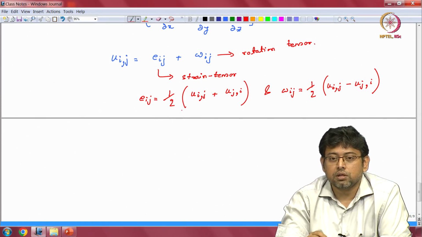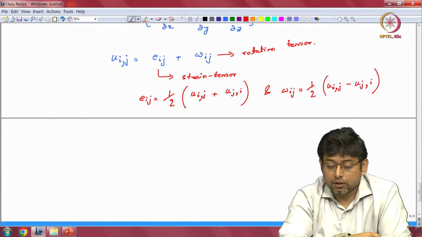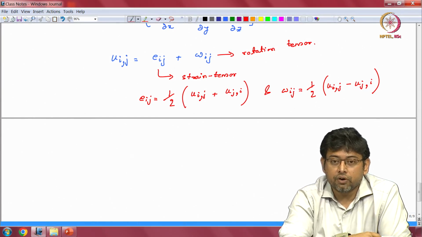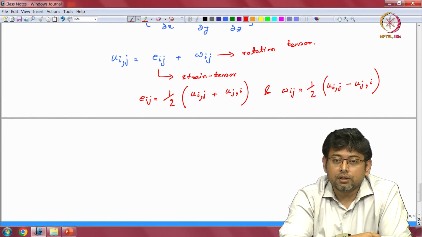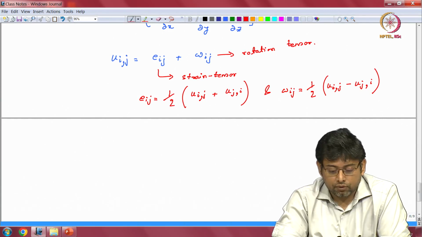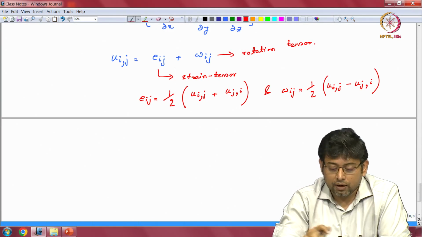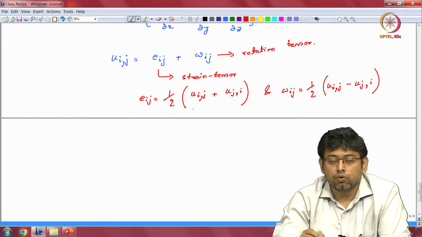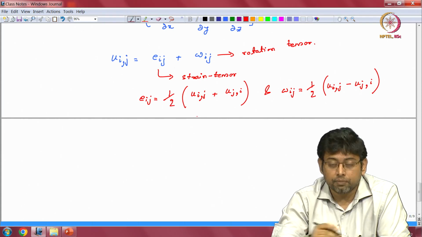You want the strains to be known at a given location, whereas in fluid mechanics, we are looking at the strain rate. So we are usually not dealing with the displacements themselves, but with velocities. So in that case, the important tensor is the time rate of change of that tensor, Eij with the time derivative. So here u does not remain just the displacement term, but becomes the velocity term, and the time derivative comes in.